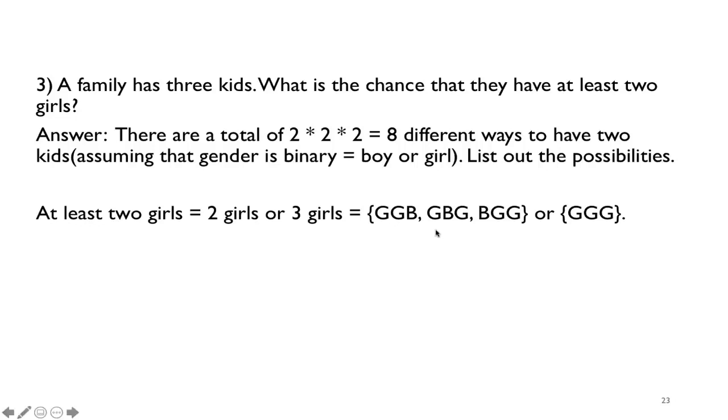Having 2 girls means girl, girl, boy, or girl, boy, girl, or boy, girl, girl. And getting 3 girls is only one way, which is girl, girl, girl. So notice, we listed them out, and there are 4 ways of getting 2 girls or 3 girls. So the answer is 4 out of 8. Again, listing things out can be simple for some of these problems.